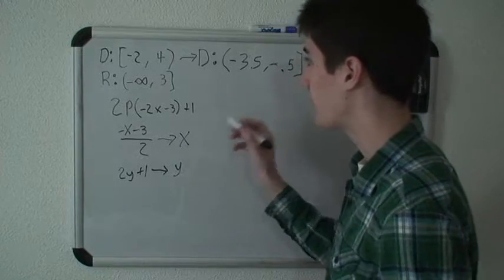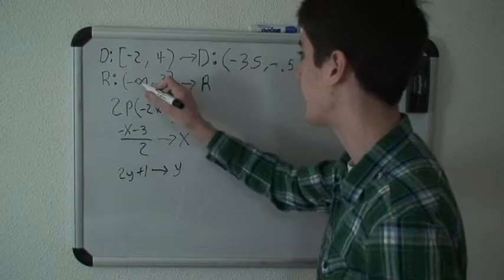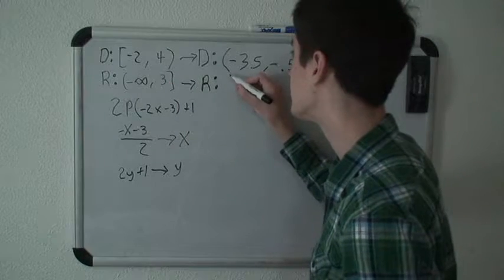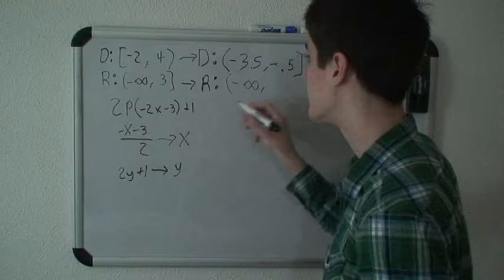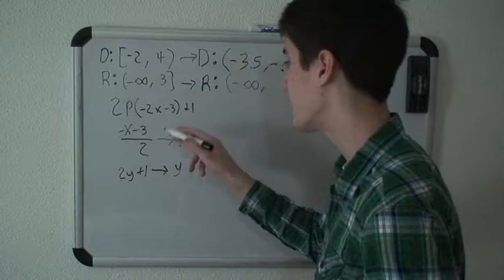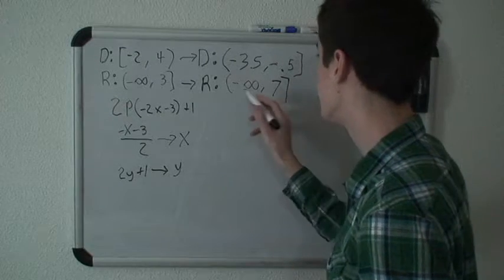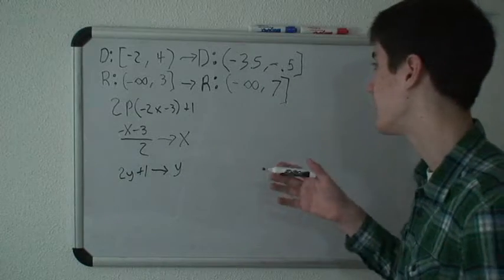So we just apply that to all the values in our range. And because there are no negatives, we can just keep those in their current locations. So this will be -infinity, and this will become 2 times 3, which is 6. Then we add 1 to that, which is 7. So our new range is -infinity to 7, and it is inclusive.